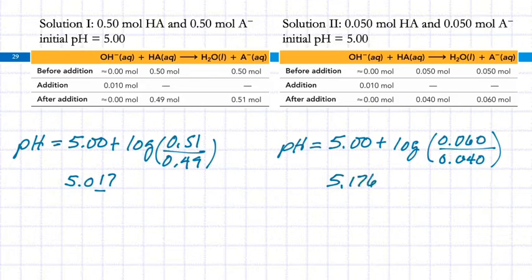So percent difference here is going to be 3.5%. The percent difference over here is 0.34%.